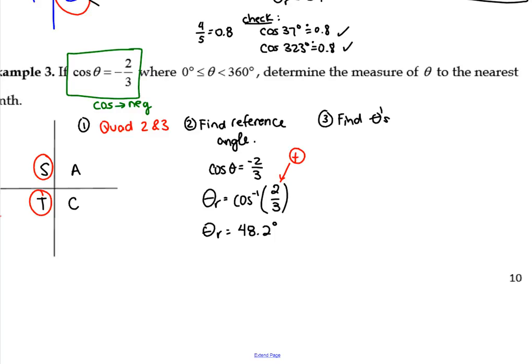So now we can find the thetas. So first, quadrant 2. If in quadrant 2, my reference is 48.2, how do I get the rotation angle? This angle.